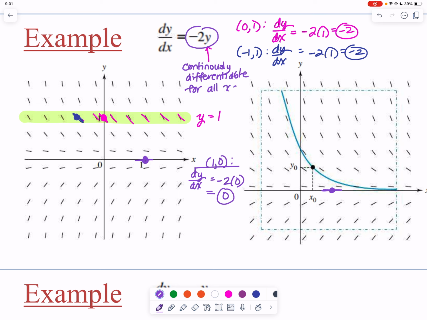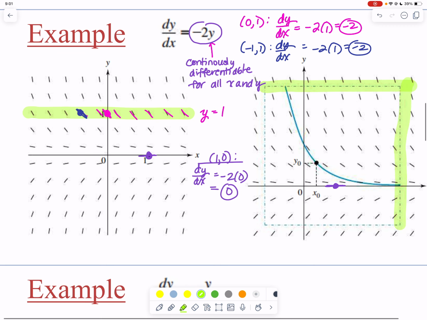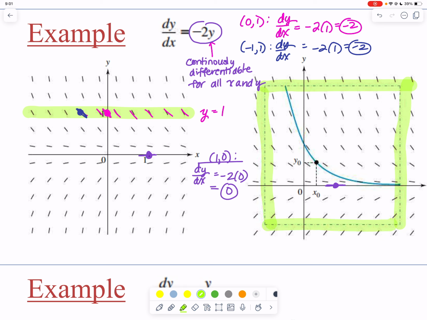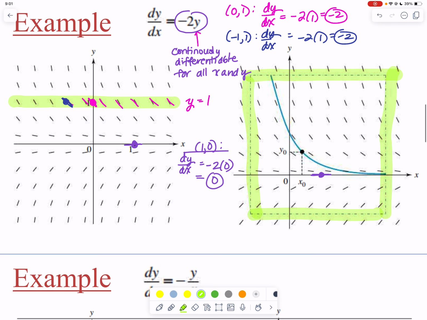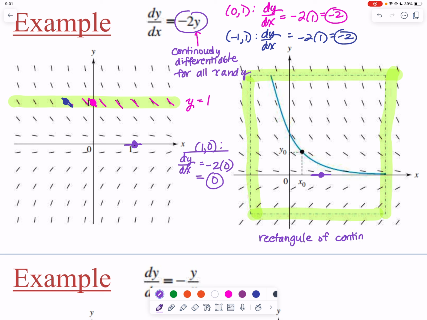For all x and y, we can now enclose any point x, y in this rectangle of continuity. So this is what we're going to call a rectangle of continuity, and this came from the existence and uniqueness theorem.